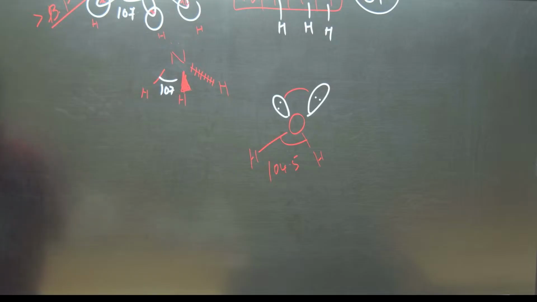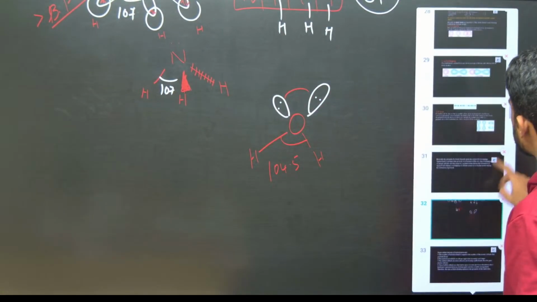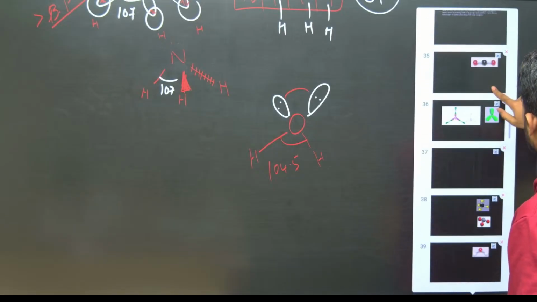Okay, clear? So let us move to valence shell electron pair repulsion theory in order to understand it in a better way.